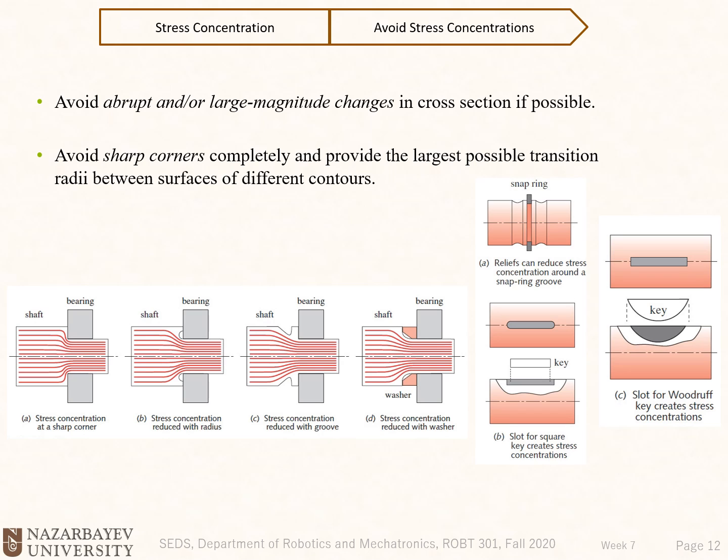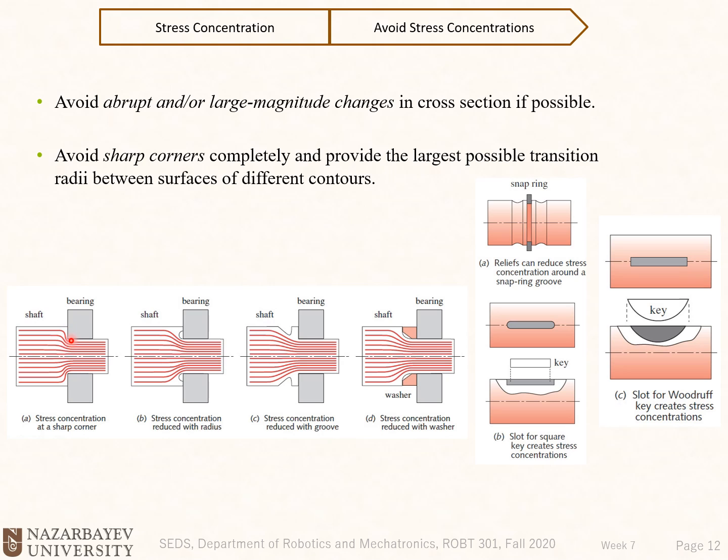So here we have a couple of examples. You could see how we could avoid the stress concentration. It's somehow like a fluid flow. So this is basically a flow of fluid or water or stress, and you see that when we avoid these abrupt changes or sharp changes, the stress will be reduced.